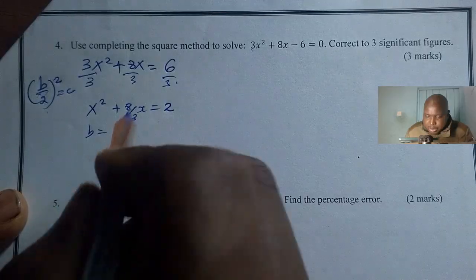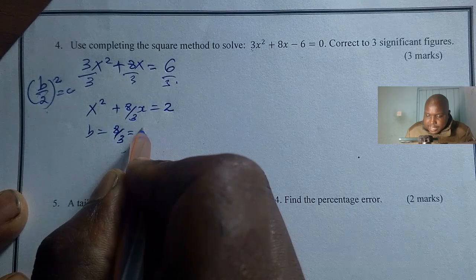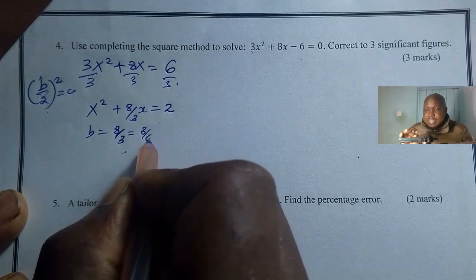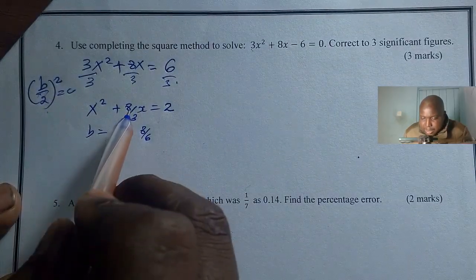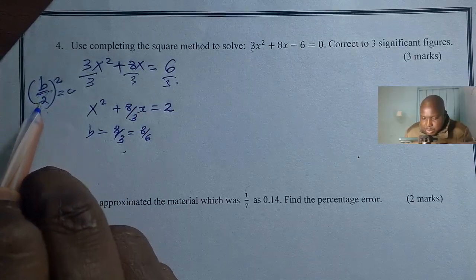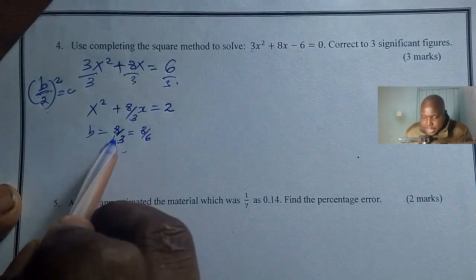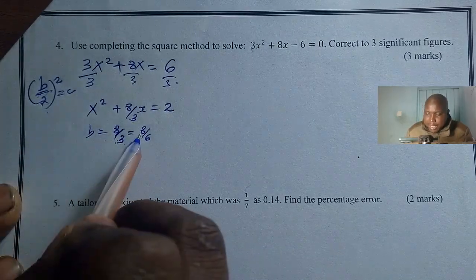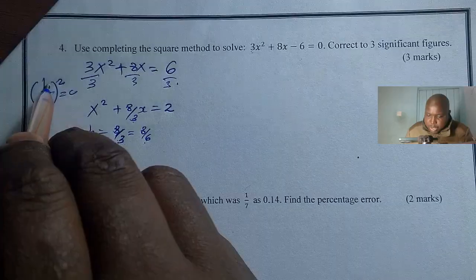So finally, if we divide this by 2, we are going to get 8 over 6. You see that? 8 over 3 is b. But b is divided by 2. So 8 over 3 divided by 2, we get 8 over 6. So that is our b over 2.